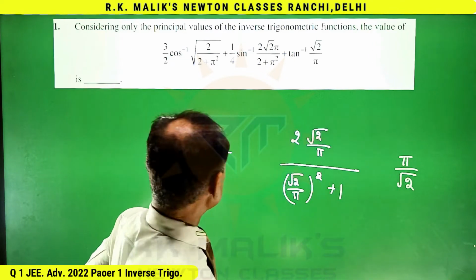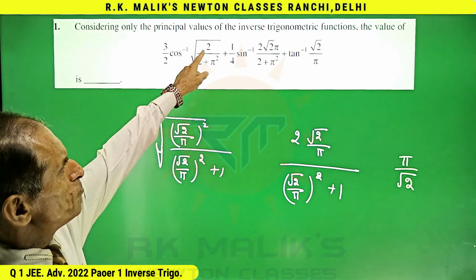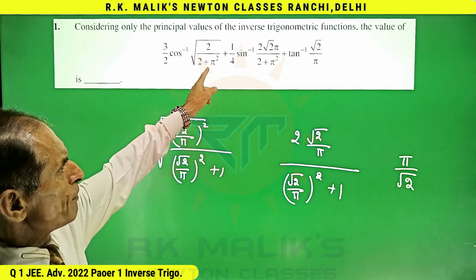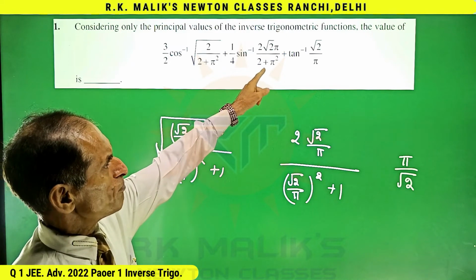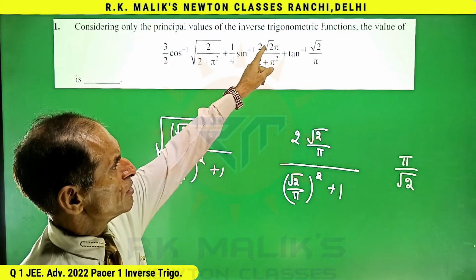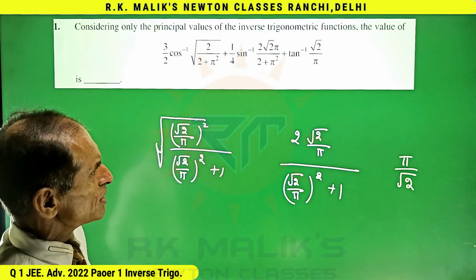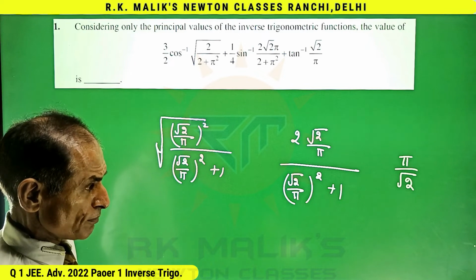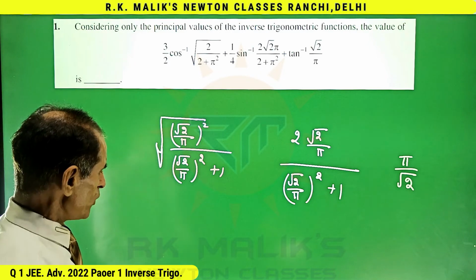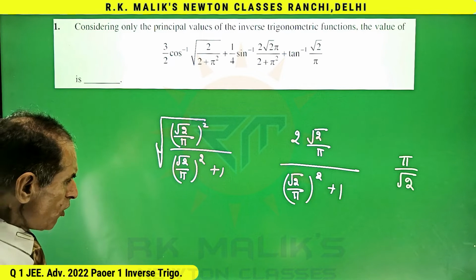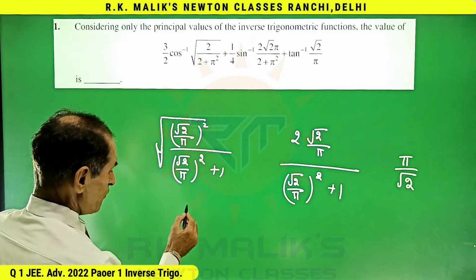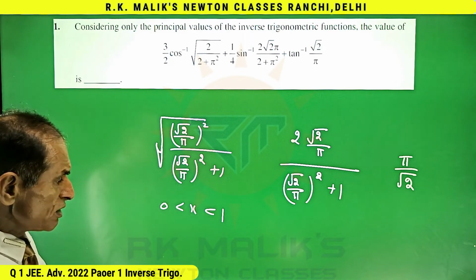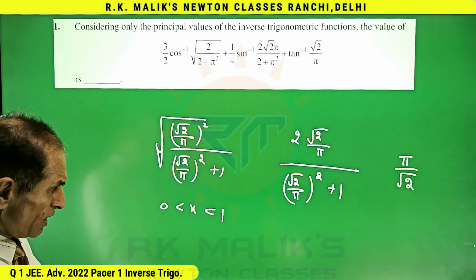I could bring the question in the form of pi by root 2 also. That is, bring 2 in the denominator and this becomes 1 plus pi by root 2 whole square. The whole thing can be converted to the form of pi by root 2 also, no problem. But you must be knowing that in all the inverse trigonometric formulas, when x lies between 0 and 1, least problem arises.